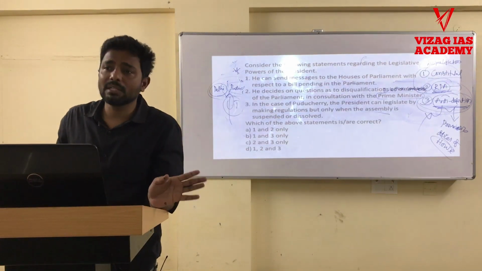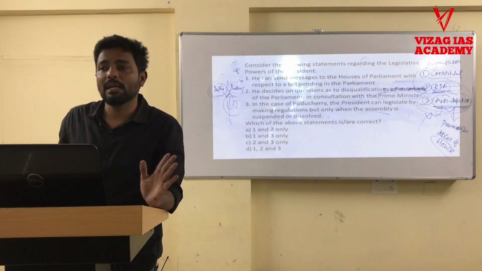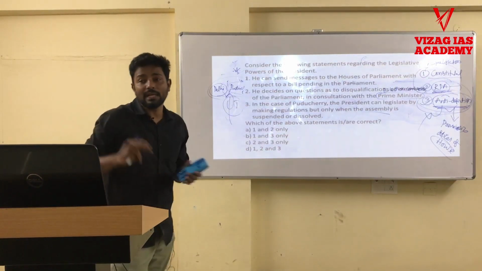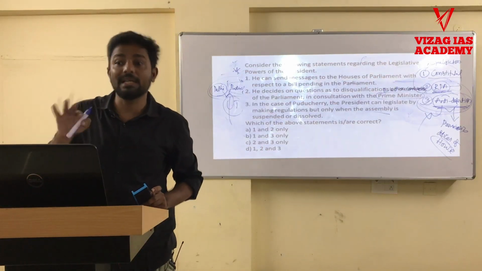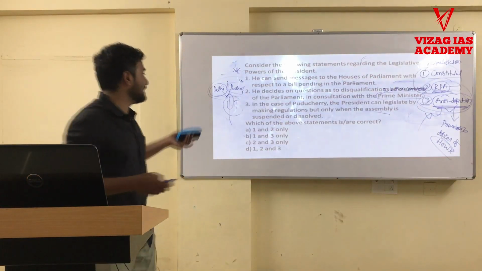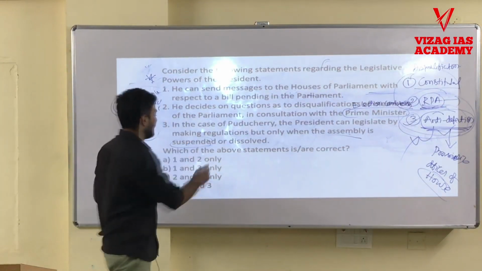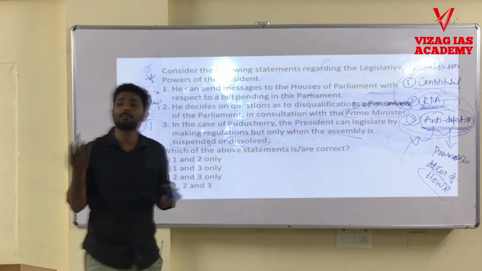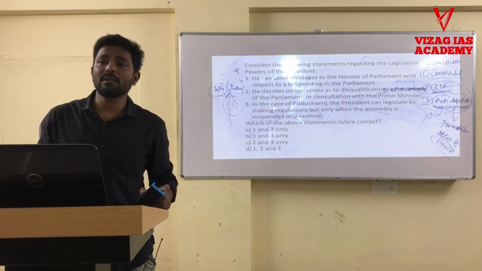The assembly was legitimately elected by the people, so you cannot unnecessarily subvert democracy. We should not disregard democracy unnecessarily. Only when the democratically elected assembly is either suspended or dissolved can the president intervene. That is the democratic way; otherwise it will be anti-democratic.